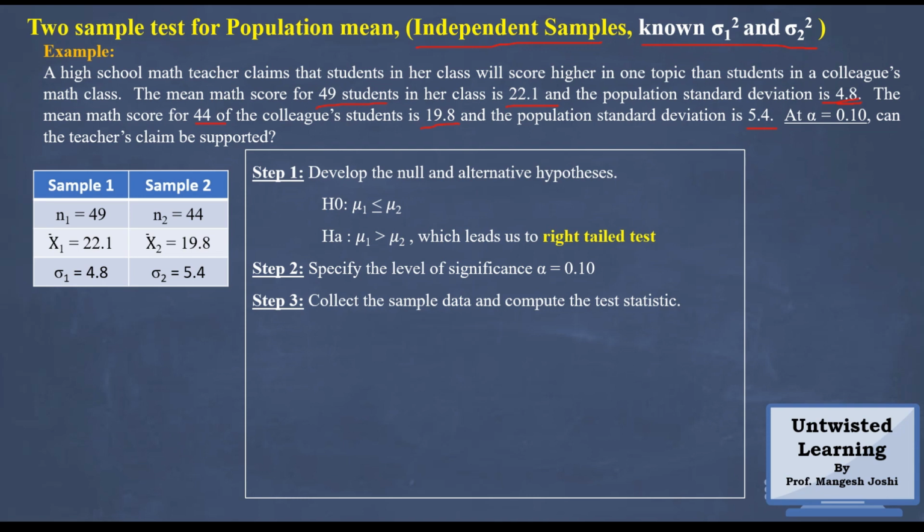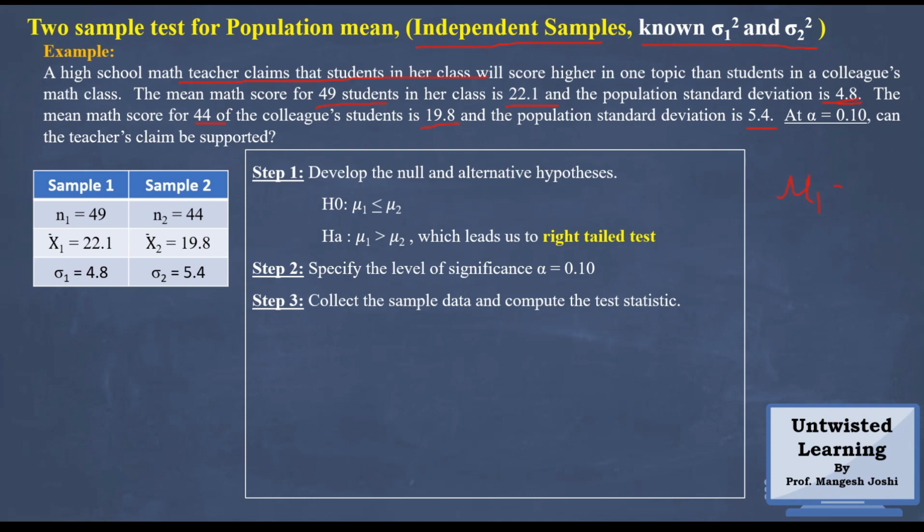So step 1, develop the null and alternate hypothesis. Now what is the teacher claiming? The high school math teacher claims that students in her class will score higher in one topic than the colleague's class, right? Let us assume mean math population score mu1 for the teacher's class.